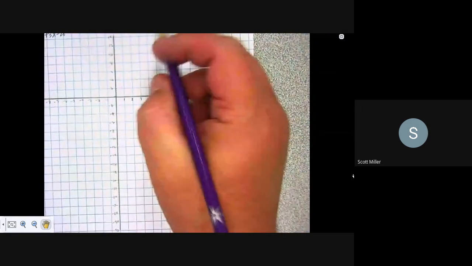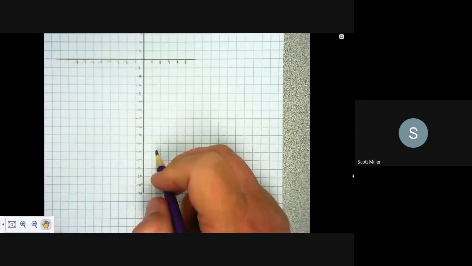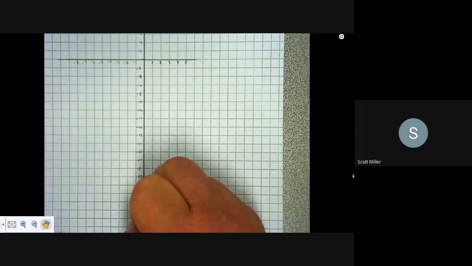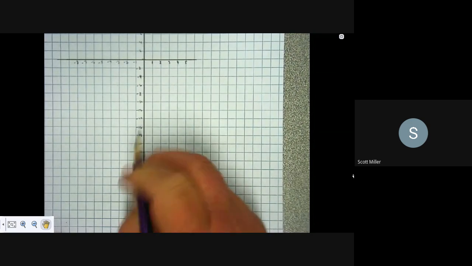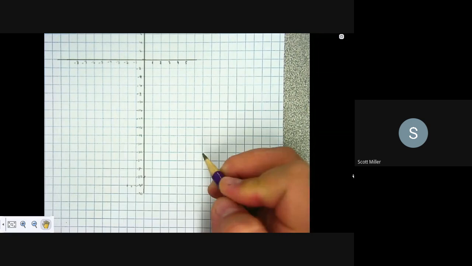And so I already know these answers. At 0, I'm at negative 28, so way down here. At negative 1, I'm at negative 30. At negative 2, I'm at negative 30. And then right here, I'm at negative 30 and a quarter.